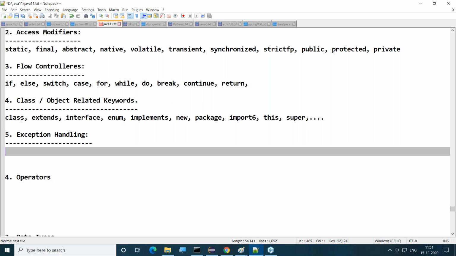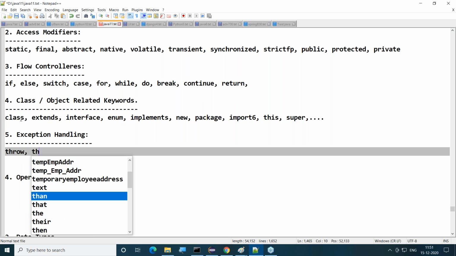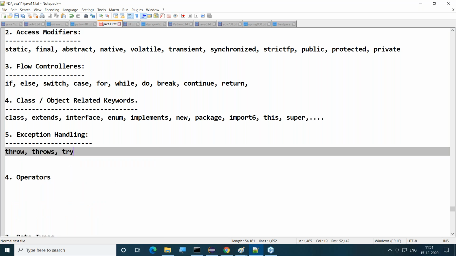Okay, fine. What are the various exception handling things? Throw, throws, try, catch, finally.